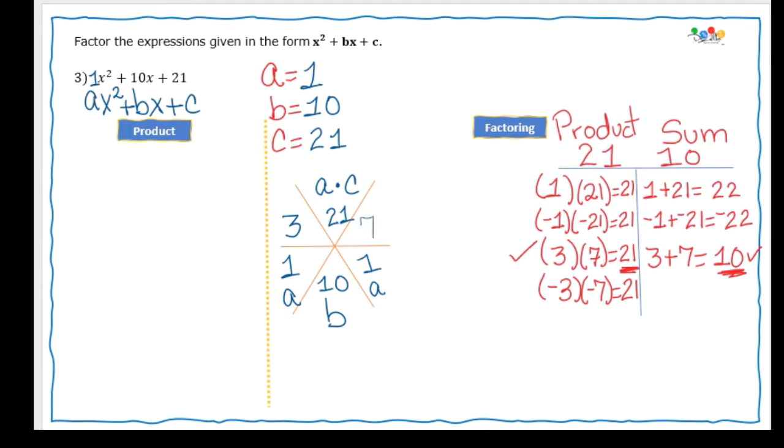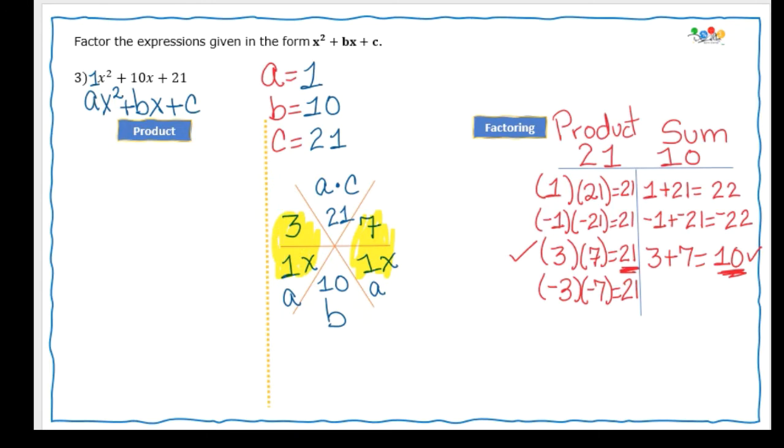And my 7 goes right here. Just remember that my x goes on the lower section where the coefficient is, so this will be 1x and 1x. I want you guys to remember that these two over here are my factors that I will be using in a minute.